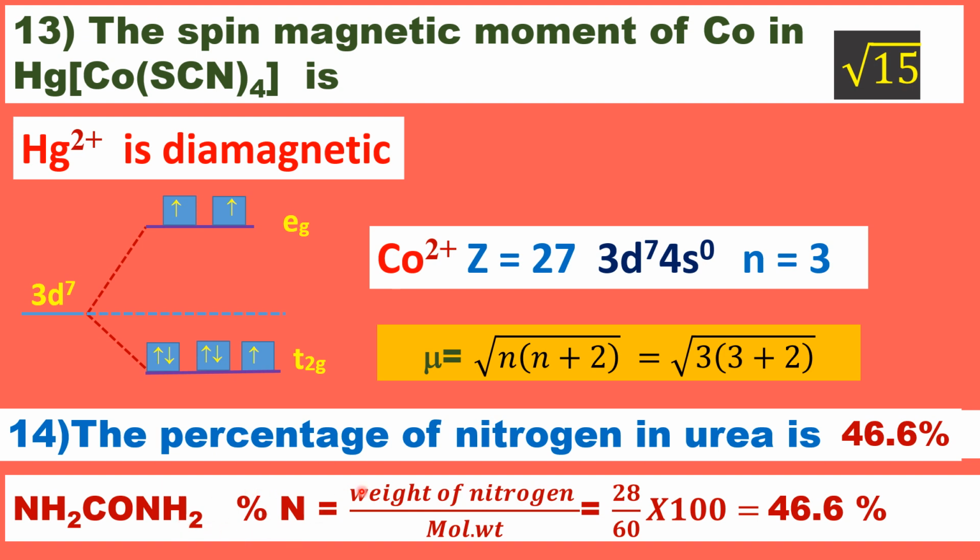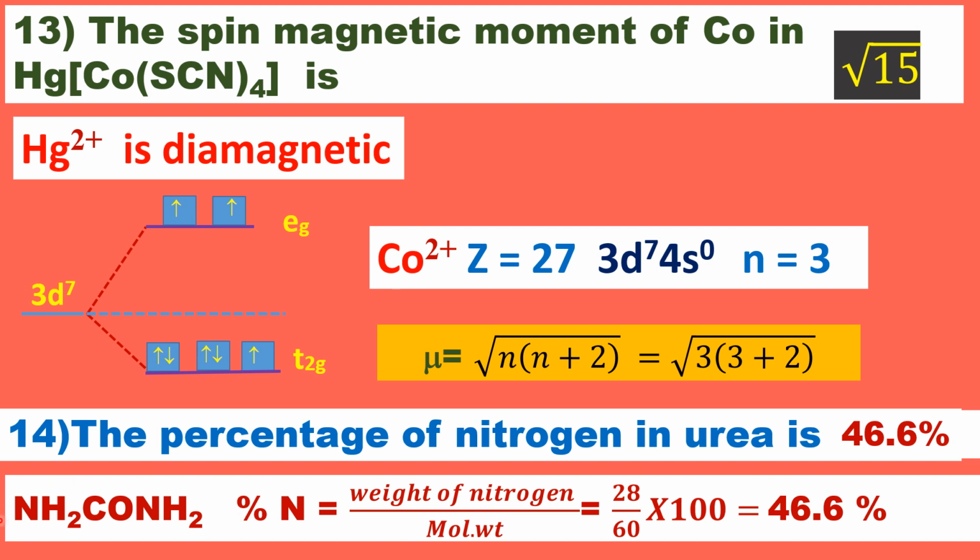What is the formula to calculate the percentage of nitrogen? Percentage of nitrogen is equal to weight of nitrogen in urea divided by molecular weight of urea. There are 2 nitrogens, 14 into 2, 28.